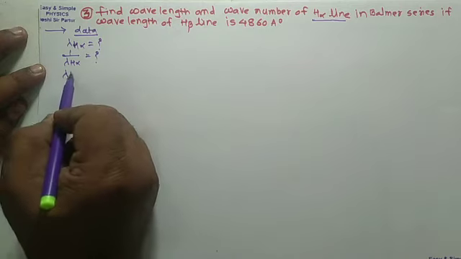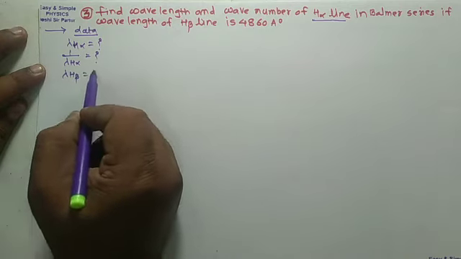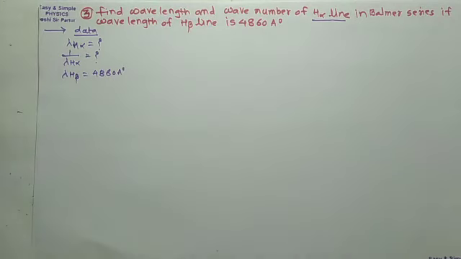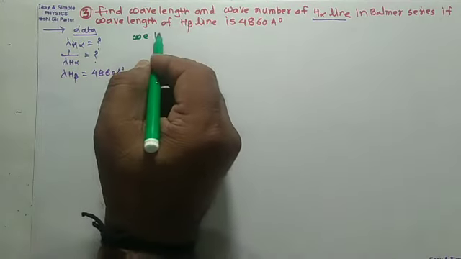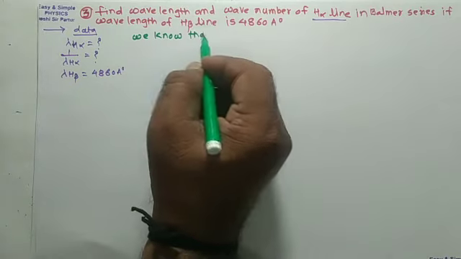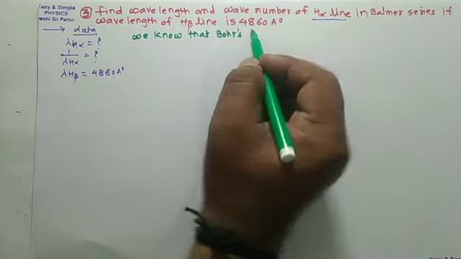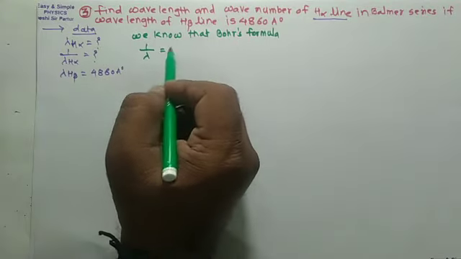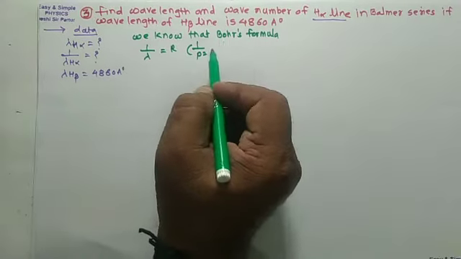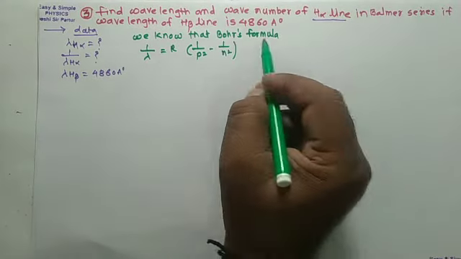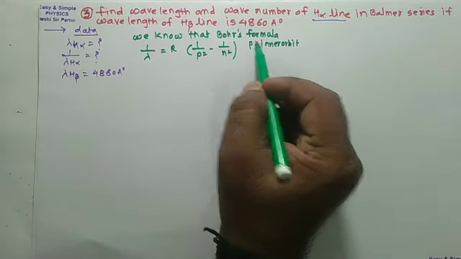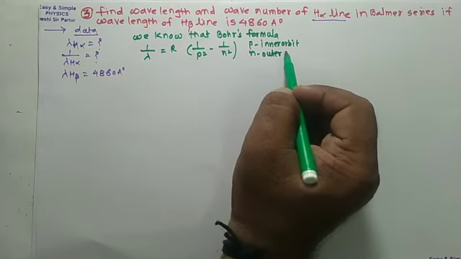Here the wavelength of the H beta line is given as 4860 angstrom unit. In such a problem, we can use Bohr's formula. In Bohr's formula, 1 upon lambda is equal to R in bracket 1 upon p square minus 1 upon n square, where p is the inner orbit and n is the outer orbit.